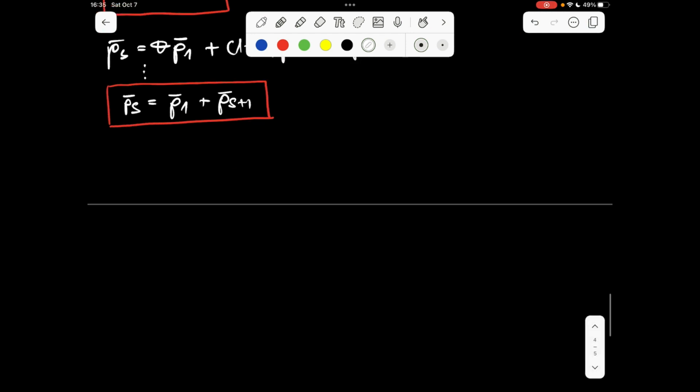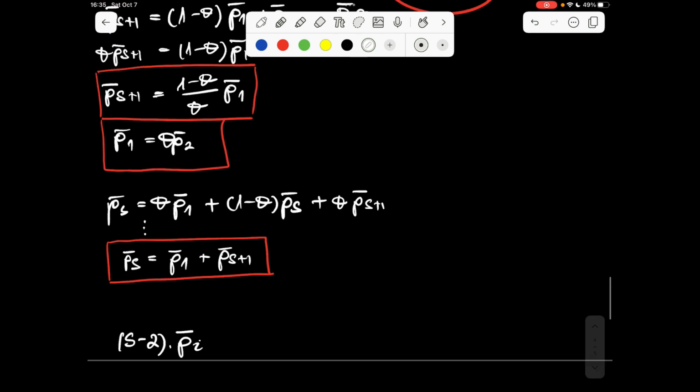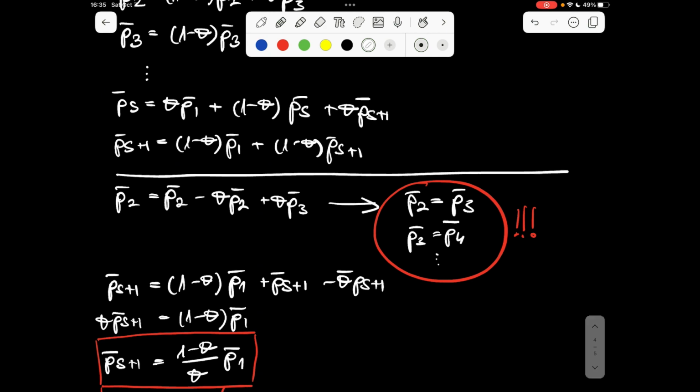altogether, if we have S that sets the dimensions of the Markov matrix, we have S minus 2 pieces of these elements. I mean this one.